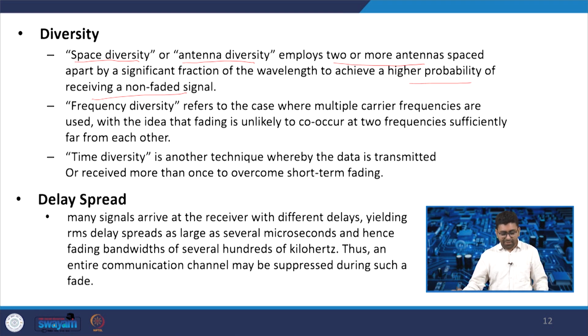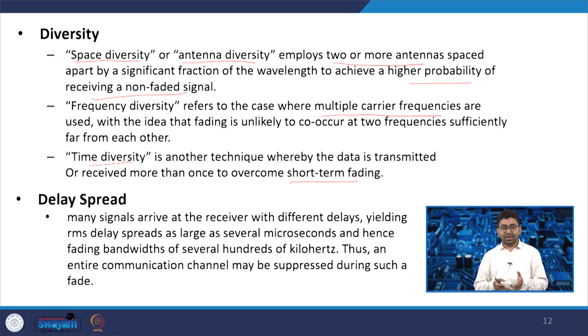And frequency diversity refers to the case where multiple carrier frequencies are used, as we have already seen in OFDM, or time diversity, which is another technique where the data is transmitted or received more than once to overcome short-term fading. So, instead of sending once, you are sending multiple times.